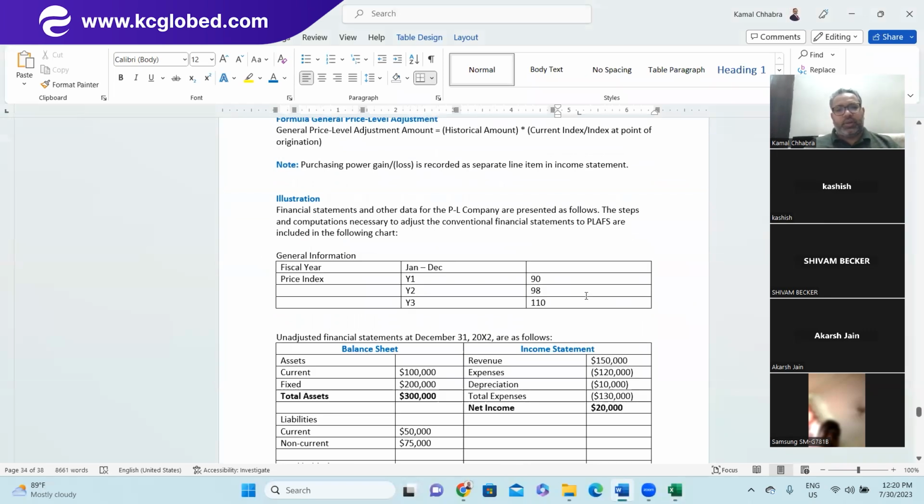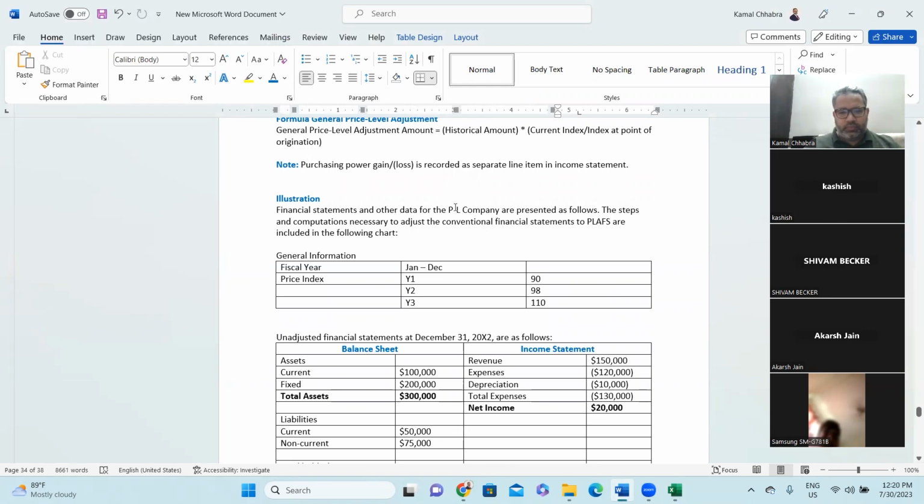There's an illustration to it. Financial statement and other data of P and Q company are presented as follows. The steps and computation necessary to adjust the conventional financial statement to the PLFAS are included in the following chart.